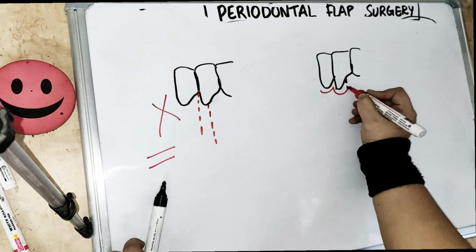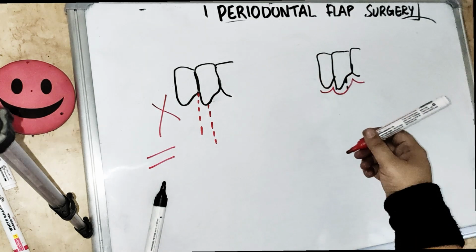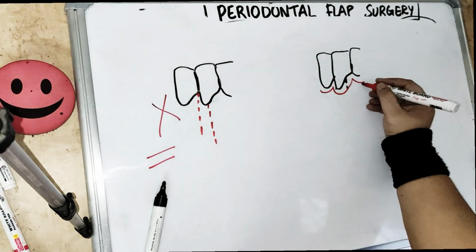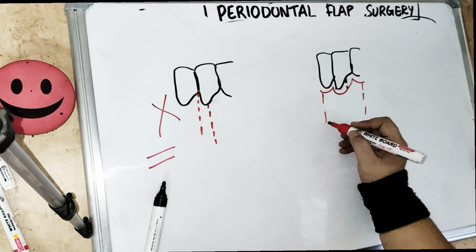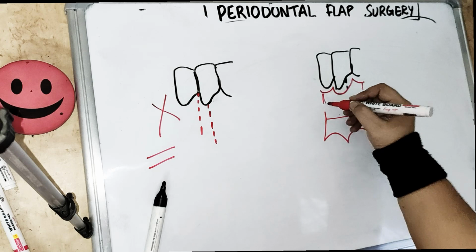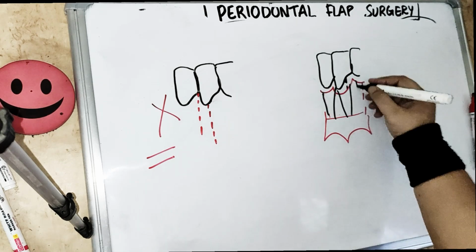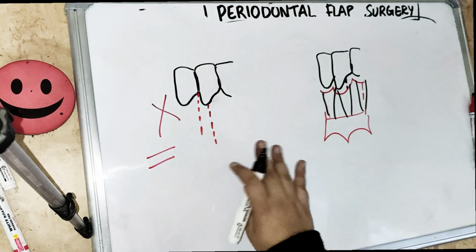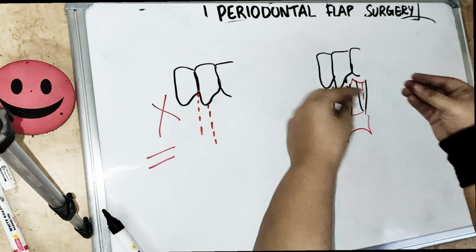We have given the crevicular incision, and while you are giving this vertical incision, then and only then you can open up this flap. After you give this incision, the flap is going to open like this, right? So there will be a prominence. You can see the roots if you are giving the full thickness flap. So the vertical incision is actually a kind of releasing incision because it relieves.